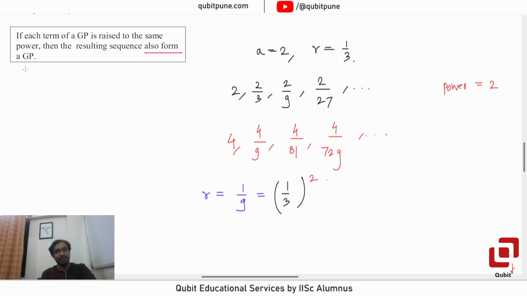So this also forms a GP with common ratio some power. Which power? The power to which it was raised.